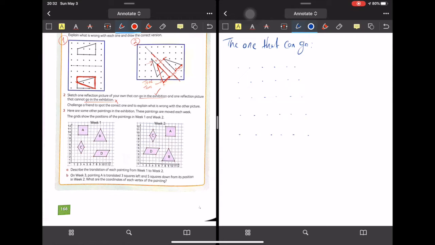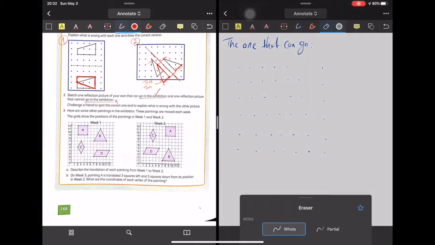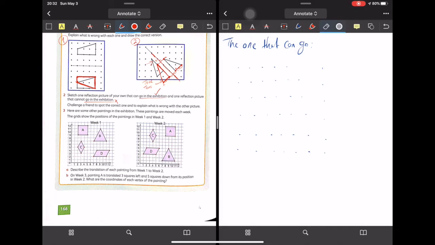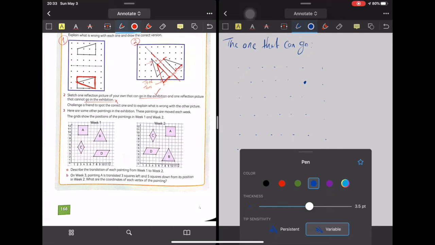So the first one is going to be the correct form, and the second one is going to be the false form. I need one more column here. Oops, I think I went a little bit far from the other one. Oh yeah, I erased it. All right, so let's give it a try.